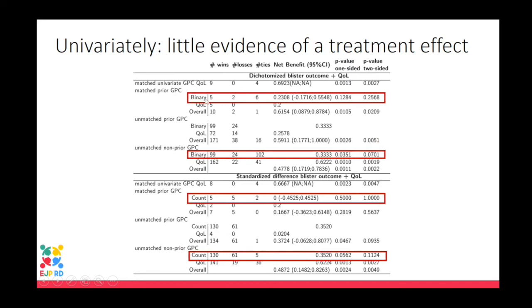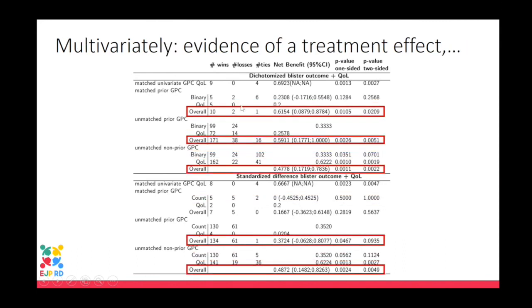So if you look at the binary count outcome and the standardized difference outcome, you see the 1- and 2-sided p-values. There's little evidence for a treatment effect. But if we add quality of life to that, in a prioritized or a non-prioritized way, then you see that all of these tests are indicative of a treatment effect.